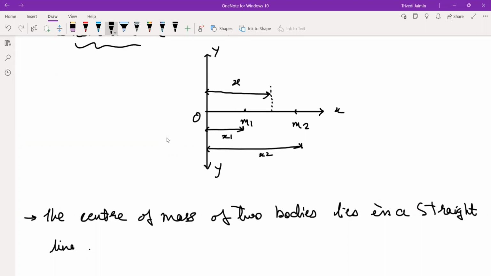So what are the two bodies? M1 and M2 are two bodies.